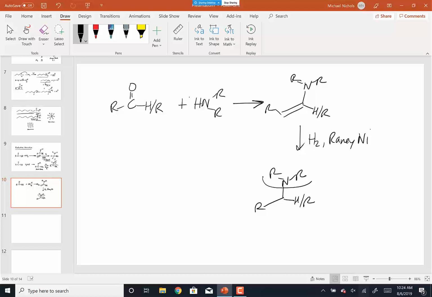Two of the R groups came from the amine that I used originally. The other R group came from the aldehyde or ketone. So reductive amination lets me basically choose whether I want to make primary, secondary, or tertiary, and I can choose the alkyl groups that I want by choosing the aldehyde or ketone appropriately, as well as choosing what the R group is on the primary amine versus what 2 R groups are on the secondary amine.